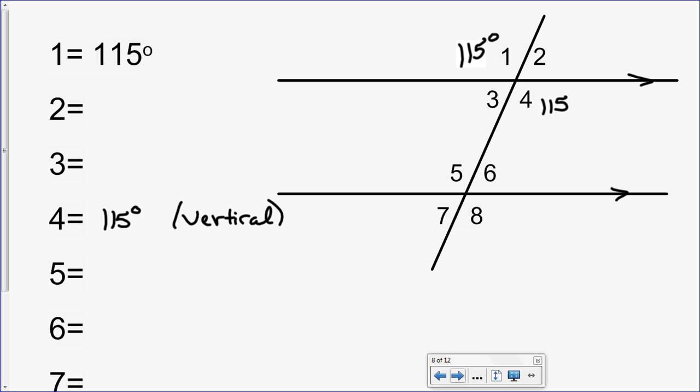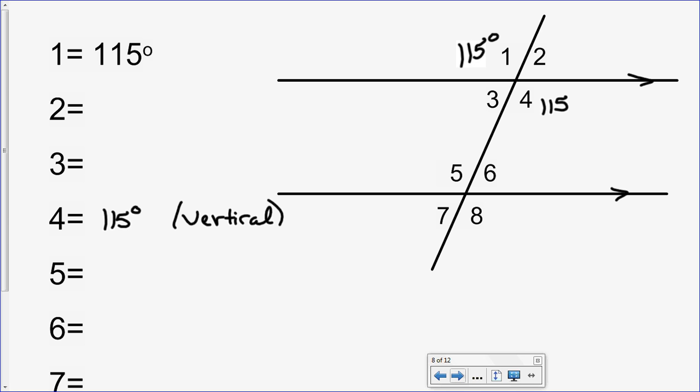So you don't have to write these down, the reasons why these things are true, but it's not a bad idea to do it. Okay? So 4 is also 115. Okay, so 5 is also 115.